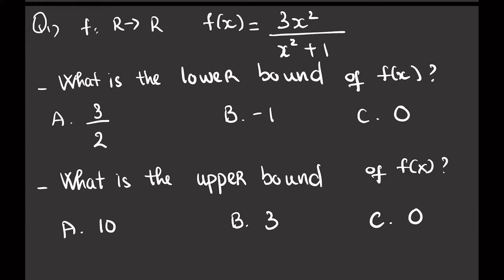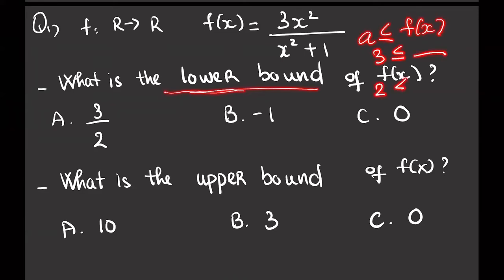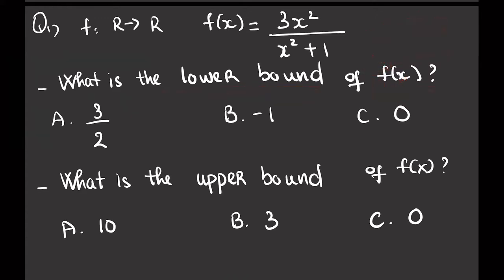Okay, 10 more seconds for you to vote. So I want the largest number such that it is smaller than or equal to f(x). So if you have 3 is less than or equal to f(x) and 2 is less than or equal to f(x), then I want 3.